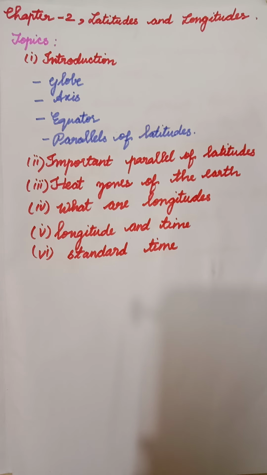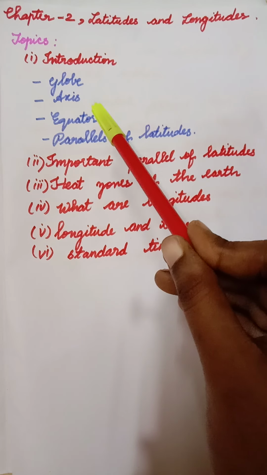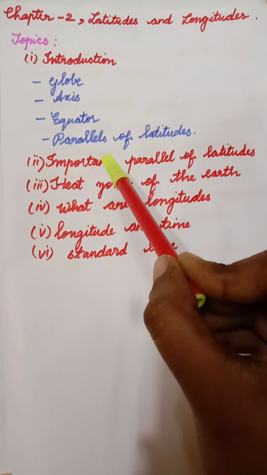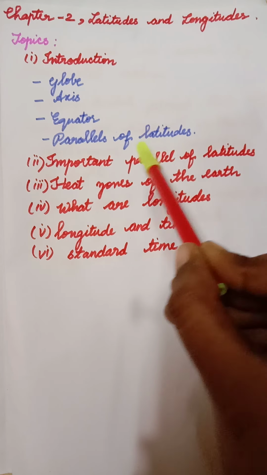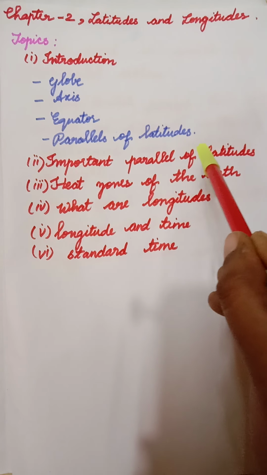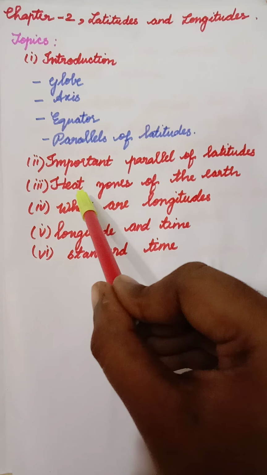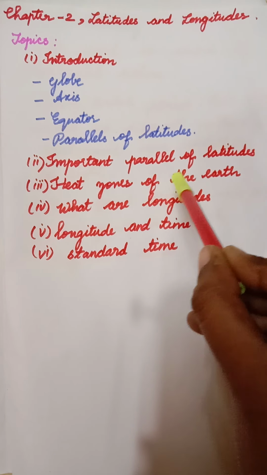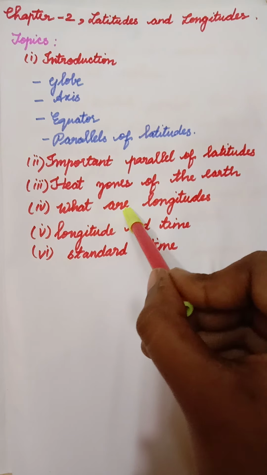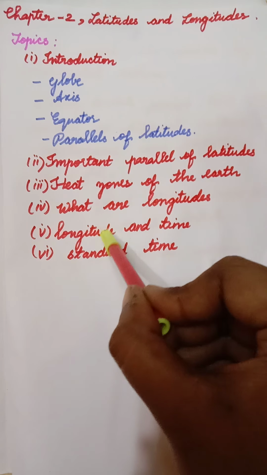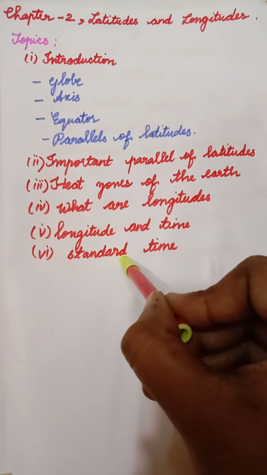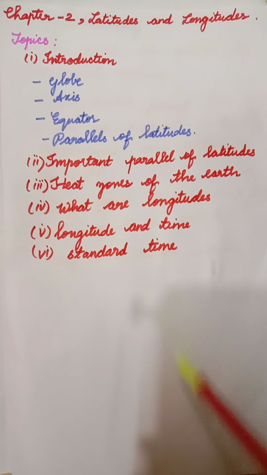The topics covered under this lesson are the introduction, the globe, axis, equator, parallels of latitude, important parallels of latitude, heat zones of the earth, what are longitudes, longitude and time, and standard time.